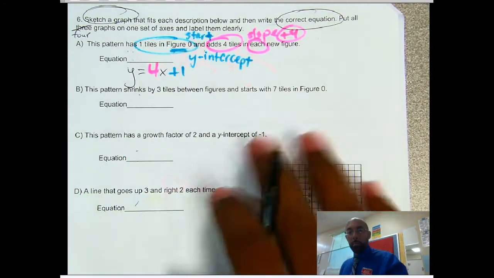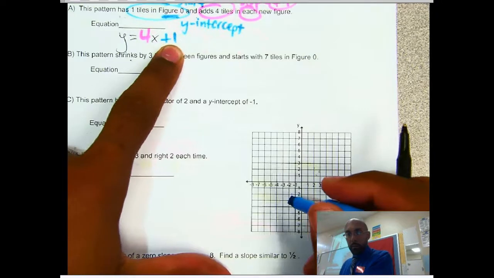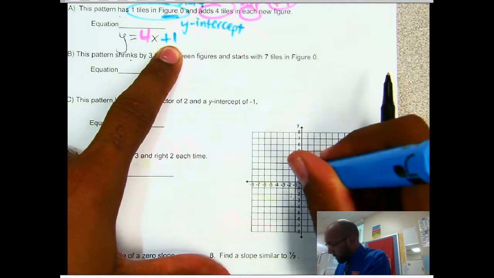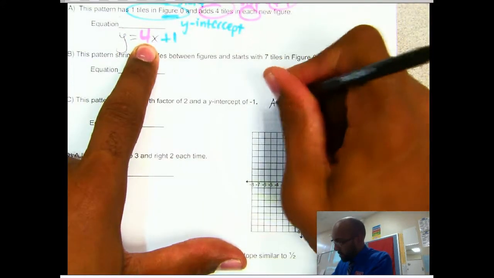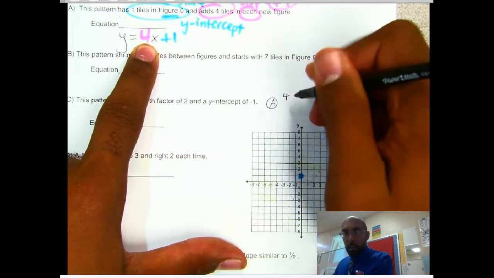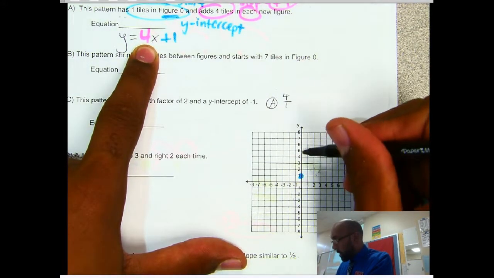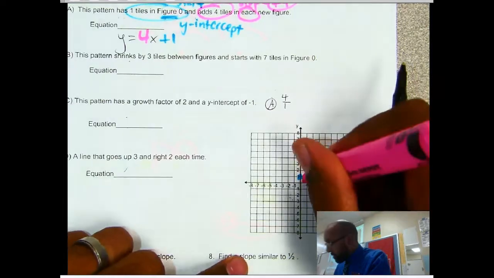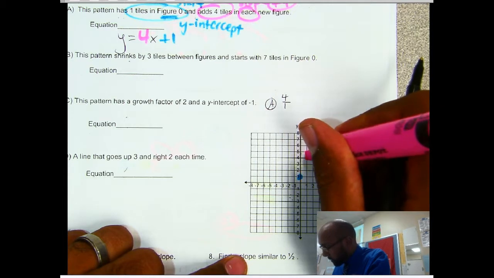So now if I'm going to put this on the graph, again, I start at the 1. Start at 1. Now the slope for A is 4, but also we can put that over 1. So that means I go up 4, 1, 2, 3, 4, then right 1.